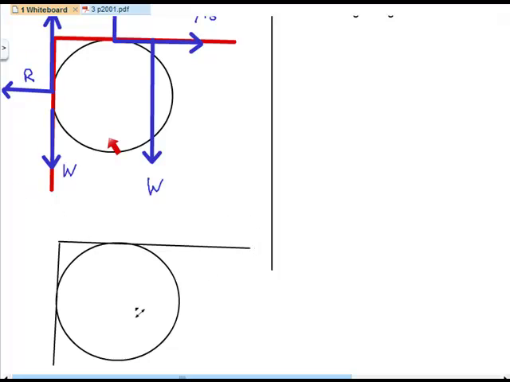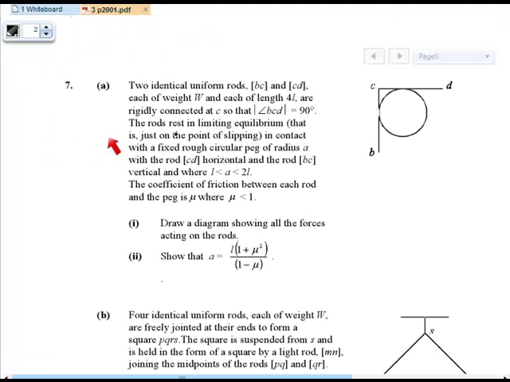The key point of the whole thing is obviously the centre of the circle. We'll put in our radius, which goes to here and to here, because those two rods are like tangents, therefore the radius is perpendicular. Let's get some lengths from the question. We're told that each rod has length 4L.